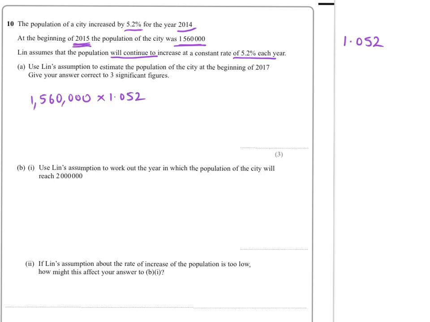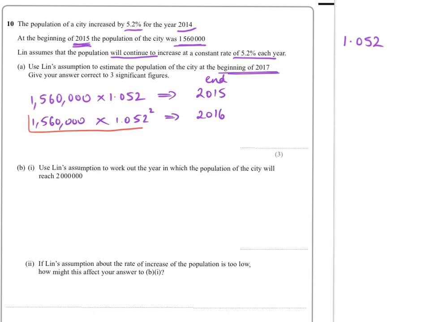Well, that will take us up to the population at the end of 2015, i.e. the beginning of 2016. And if we were to times it by 1.052 again, that would take us to the end of 2016 and therefore the beginning of 2017.